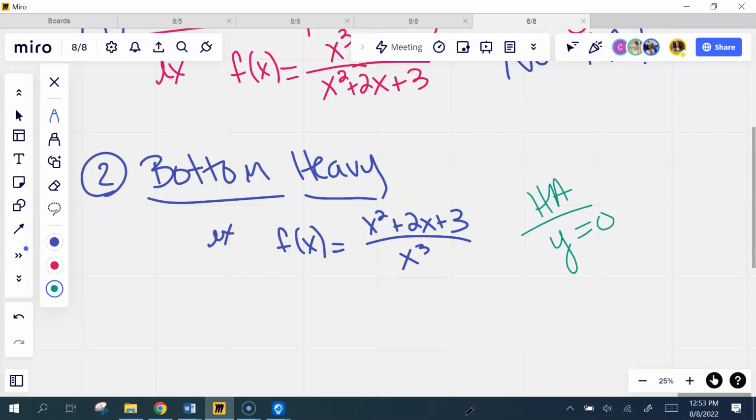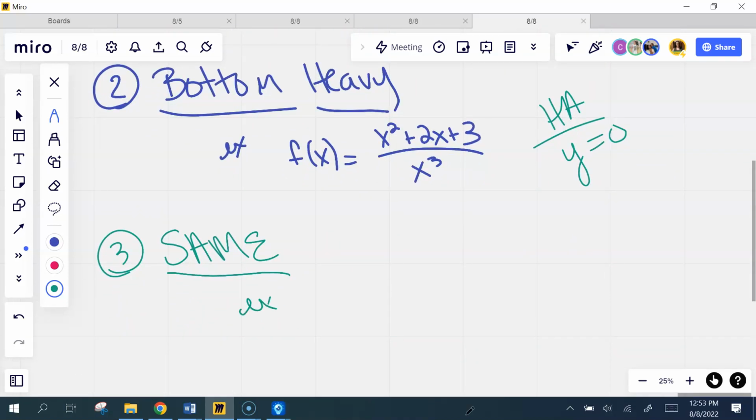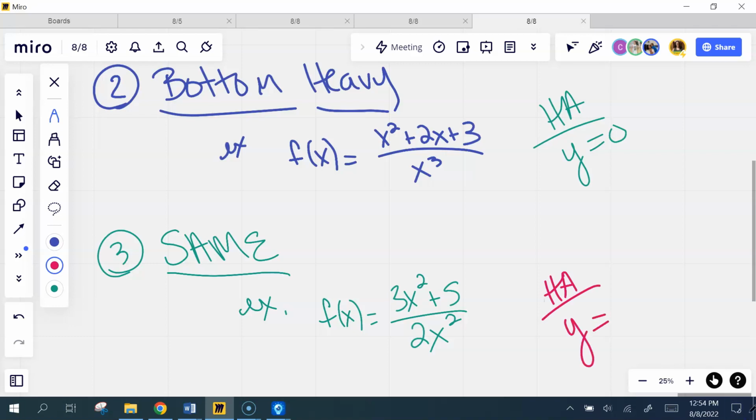What other possible scenario could I have? The degrees are the same. If the degrees are the same, then your horizontal asymptote is y equals the leading coefficient of the top divided by the leading coefficient of the bottom.